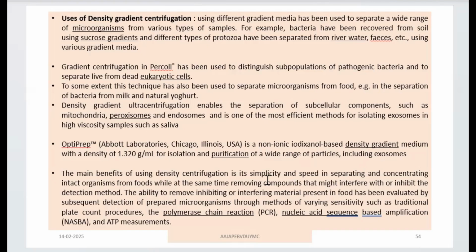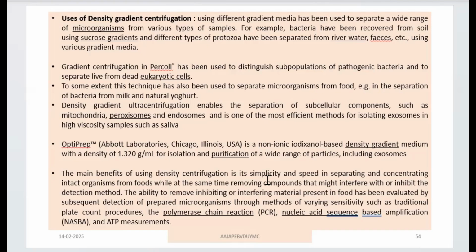For example, you are extracting DNA from the pathogens present in the food, and you are trying to separate that DNA. If there are any fragments of DNA coming from any other source and are undesired, they will not form a band at a particular density which will match the target molecule. And how do I rely on it, that only pure molecule is coming and it is not contaminated?